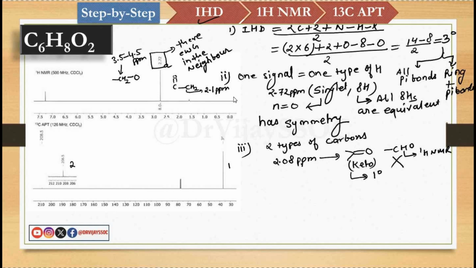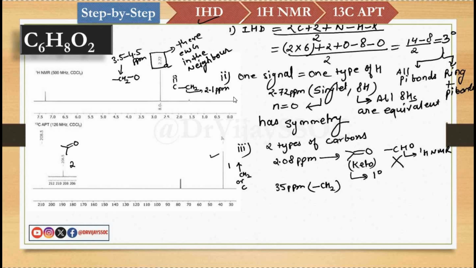Now this signal at around 35 ppm corresponds to a CH2 group, as we know that the upward signals belong to CH2 or quaternary carbon. Since it is in the deshielded region, for sure it belongs to the CH2 group, and this one belongs to the keto group.